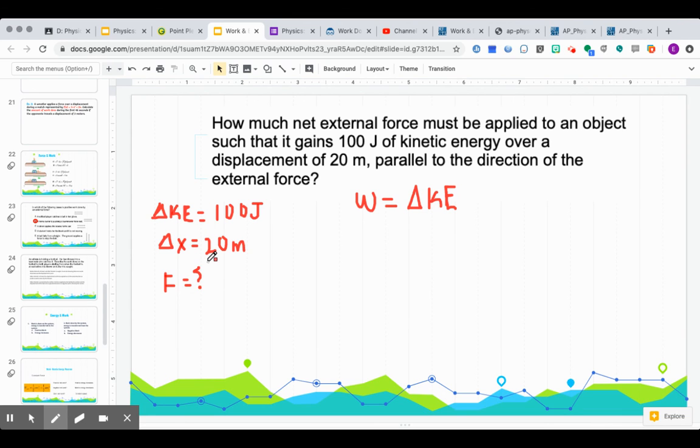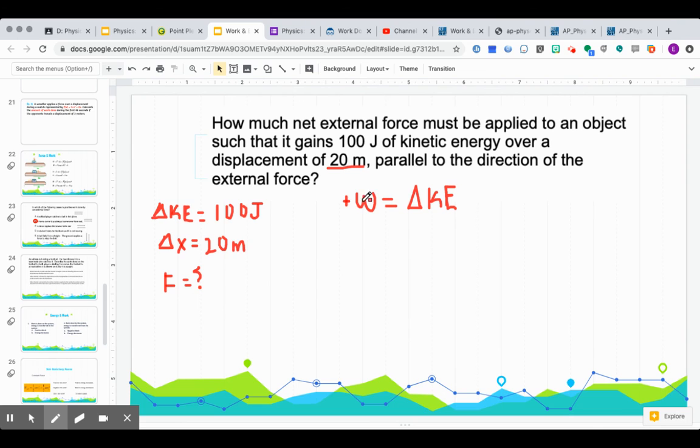It gains, so there's a positive change in kinetic energy of 100 joules: final minus initial kinetic energy will be 100 joules. The displacement is parallel to the direction of the external force, which means the work done is positive because the force and the displacement are in the same direction.